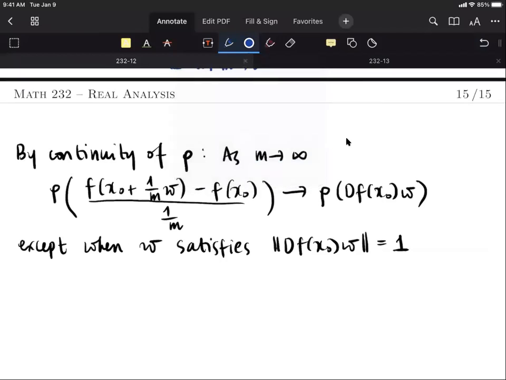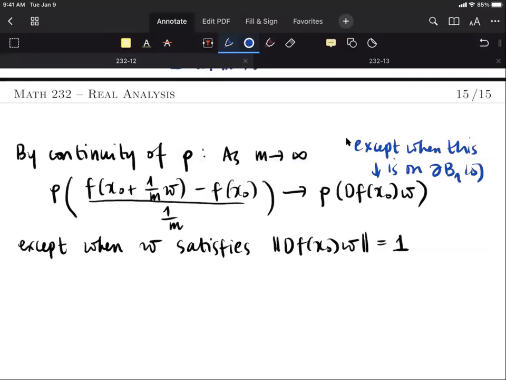So in other words, except when this is on the boundary of our unit ball, which is the unit sphere.